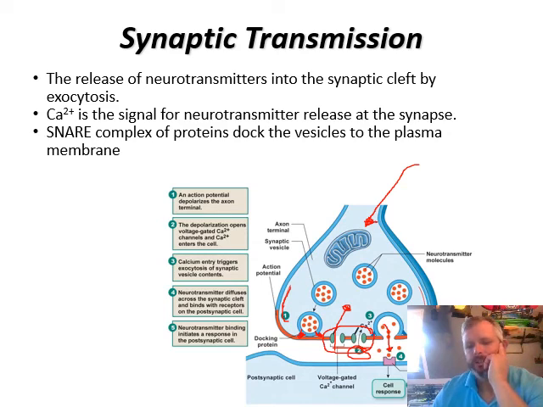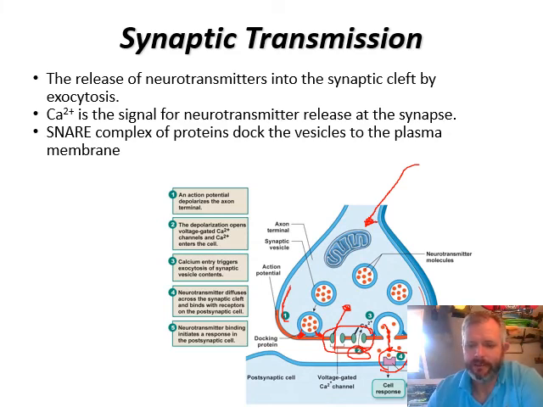So the action potential cues calcium channels to open. The calcium cues the snare proteins to cause docking of the vesicles and exocytosis of the neurotransmitter. Now the neurotransmitter is in the synapse. It's going to diffuse across to the postsynaptic cell, which has the receptor, and it is going to bind. Depending on what receptor it is, that determines what response is going to take place in that cell.